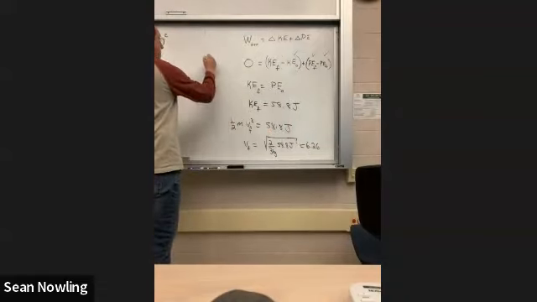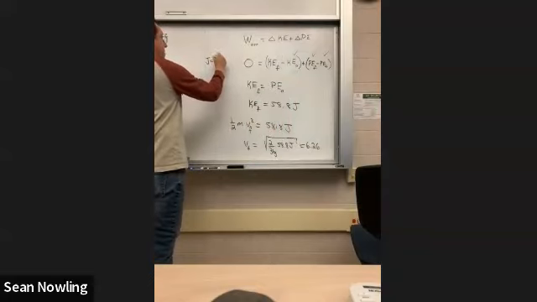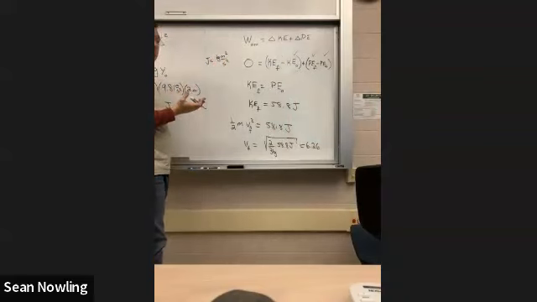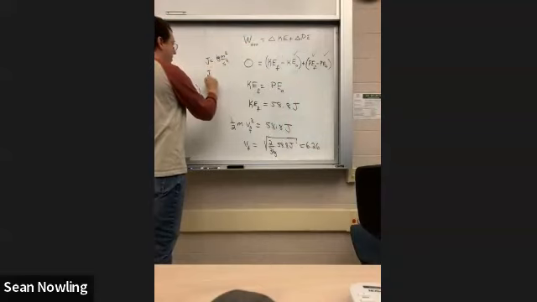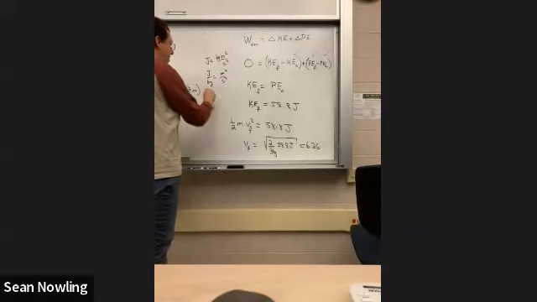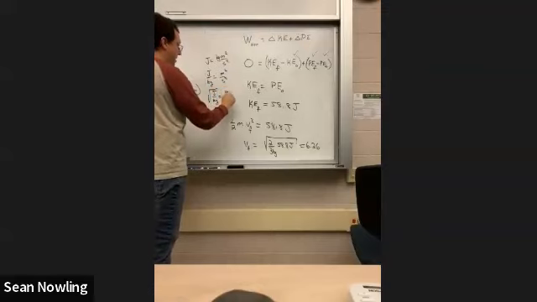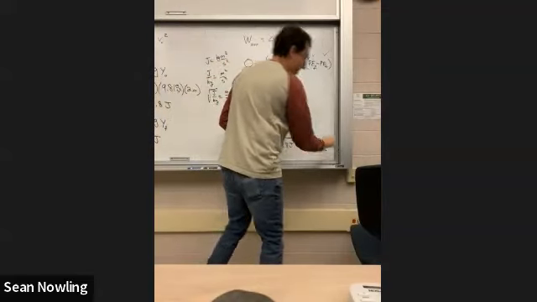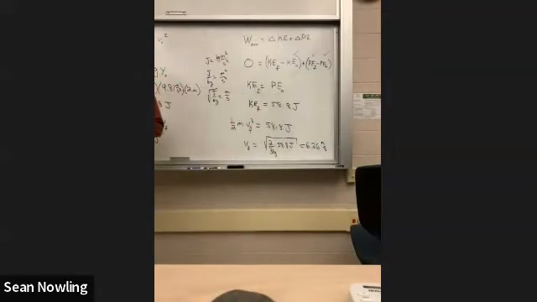So a joule is a kilogram times a meter squared per second squared. And a joule per kilogram would be a meter squared per second squared. So a square root of a joule per kilogram would be a meter per second. It's good. Okay, is that right?